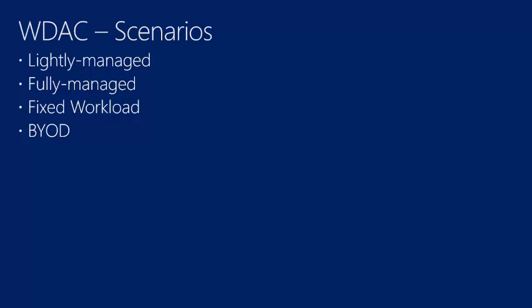Then we have BYOD. So this likely is not the best scenario for application control. You might do auditing here, but this is not your device. And so if you have BYOD, that may be a better fit, probably is, for something like conditional access as a control mechanism for managing those systems, right?